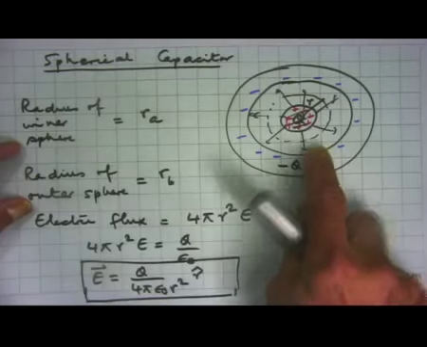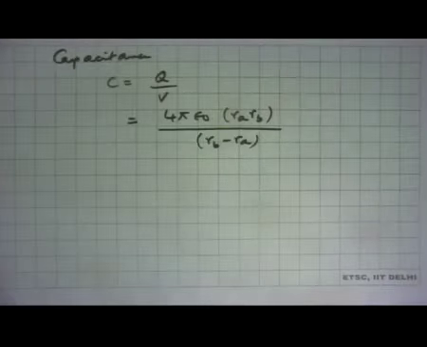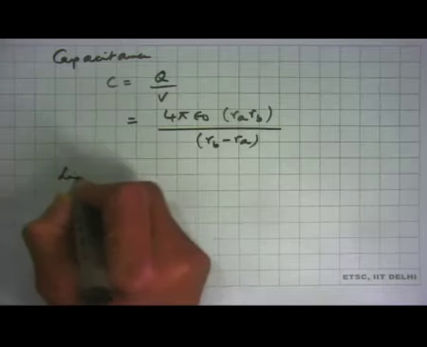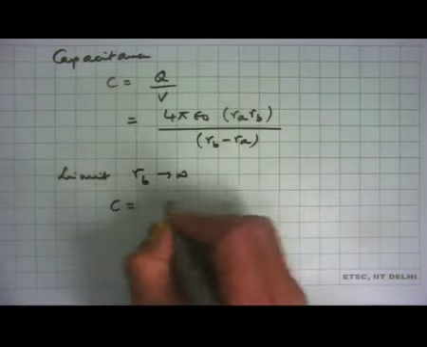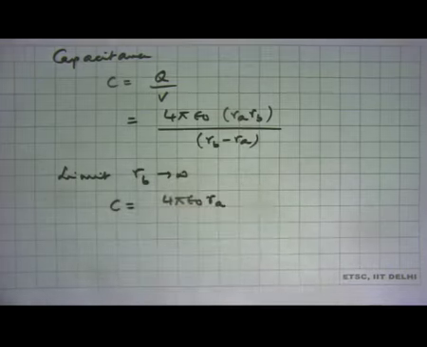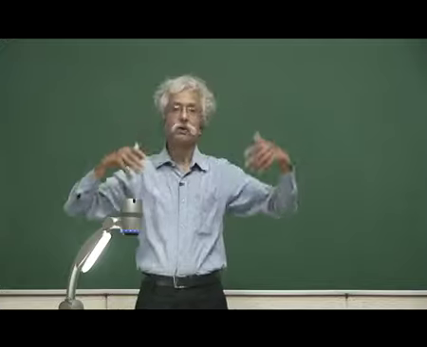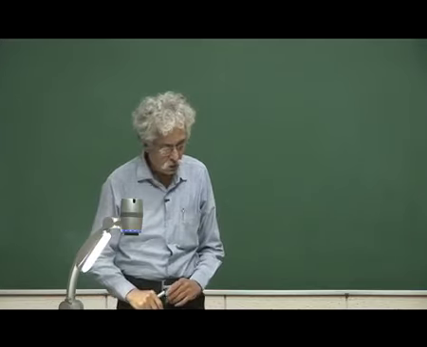If I let the radius R B go to infinity, I will get the capacitance of a single sphere of charge of radius R A. So, in the limit R B tending to infinity, capacitance becomes 4 pi epsilon 0 into R A. That is the capacitance of a single conducting sphere of radius R A. The other conductor, which is supposed to be carrying negative charges, has infinite size. So, that is the capacitance of a sphere.